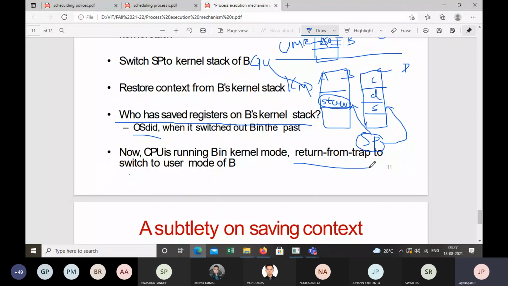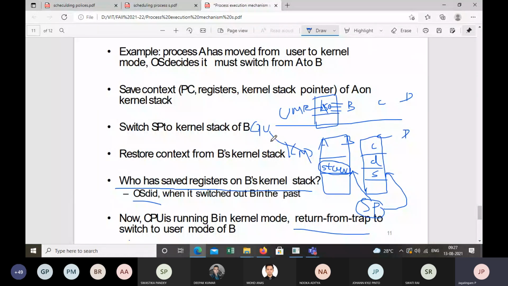We execute the return from trap instruction. Therefore, the CPU moves from the kernel stack of process B to process B in the user mode. All right.